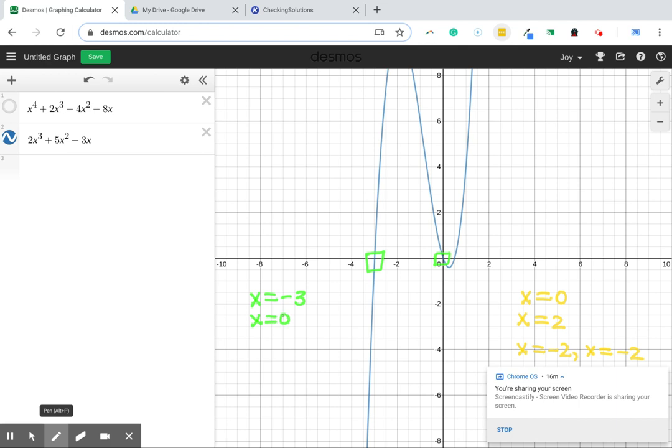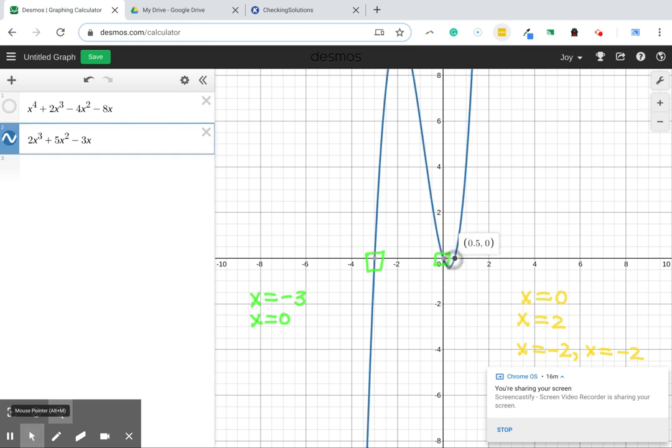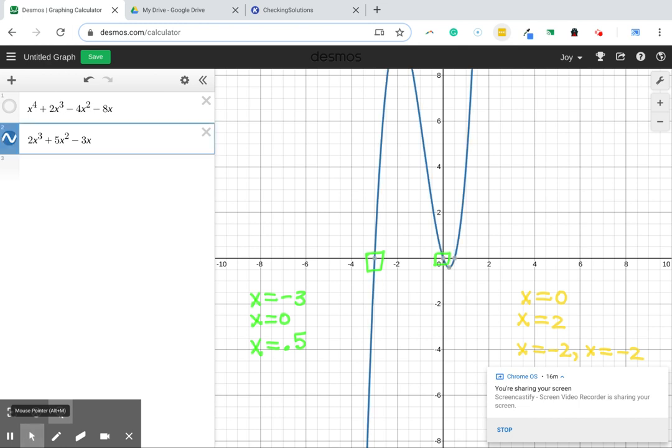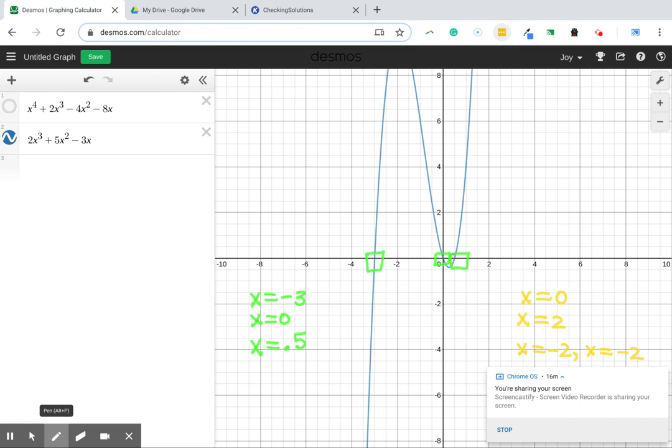And I've got a solution kind of right in here that it's a little bit harder to read, but if I tap it, Desmos loves to take good care of us, and it's going to tell me and disappear that x equals 0.5. Okay, so if you want to see that again, I'm just going to tap it. And hopefully you're clicking on your screen right now as we're going through this, but there's my third solution. Notice in all 3 cases, we did just straight passing through, which is why I didn't duplicate any of them.